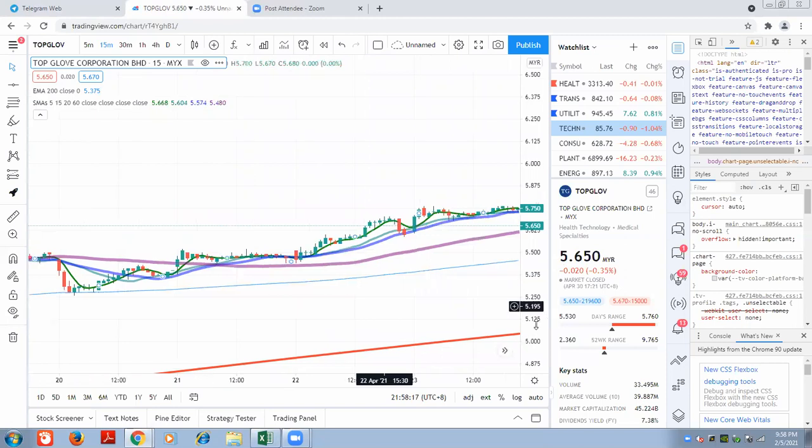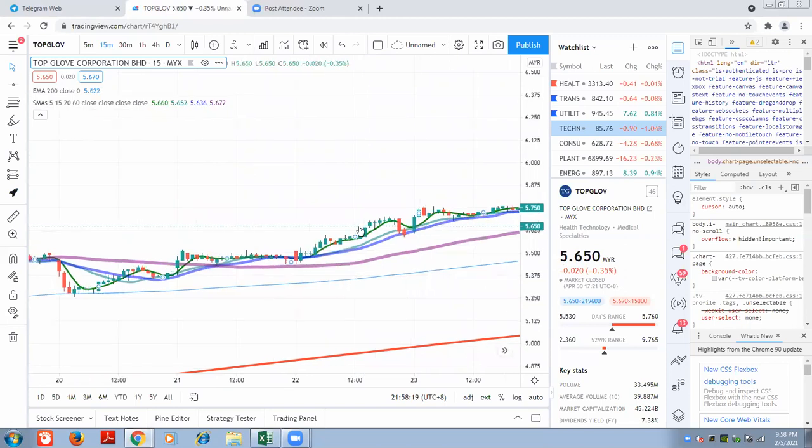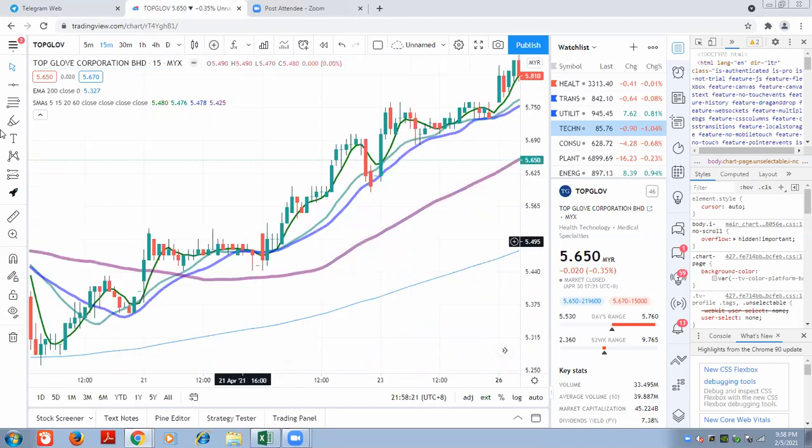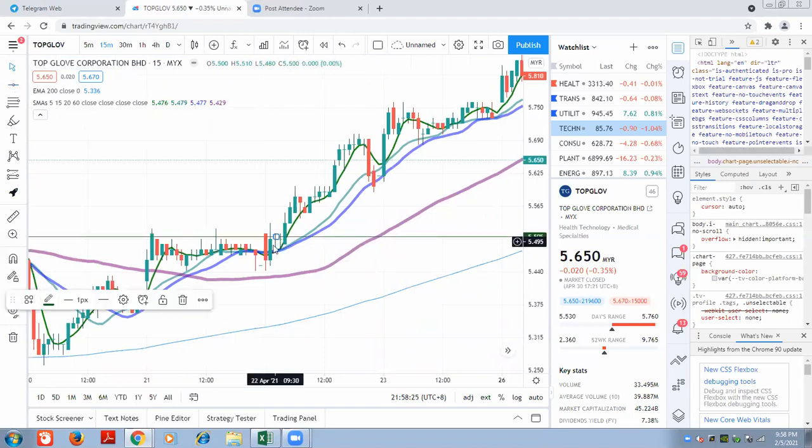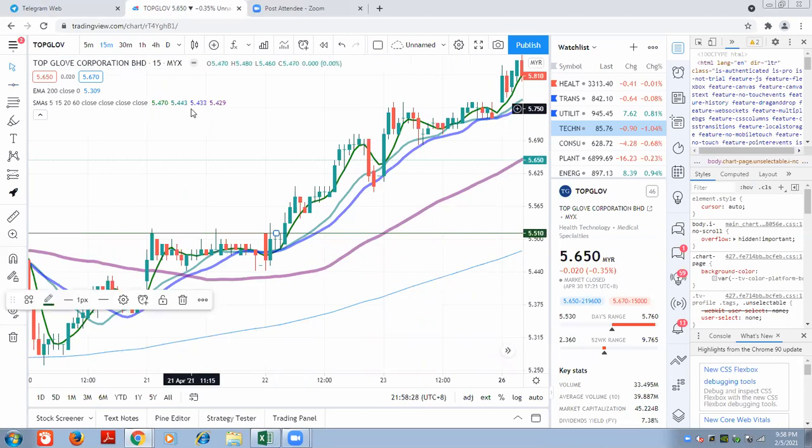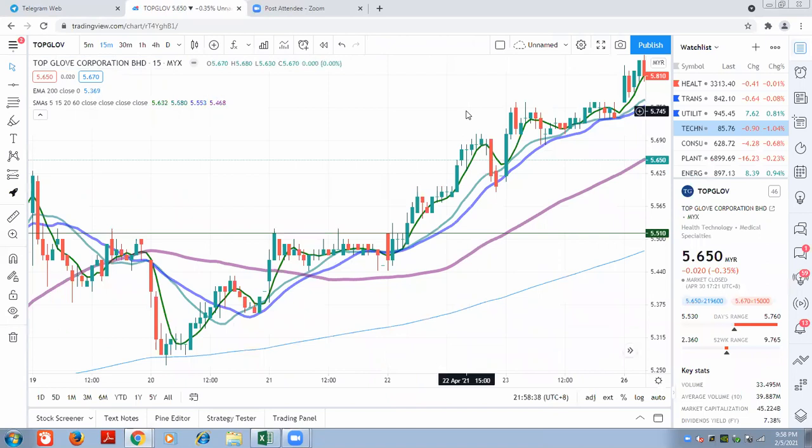Okay, I go to the top glove. 15-minute breakout. When you see it, what is the term? What is the name of a breakout? If people ask you what a breakout is and you don't know how to answer, saying 'when the price goes up it's a breakout' is the non-educated answer.